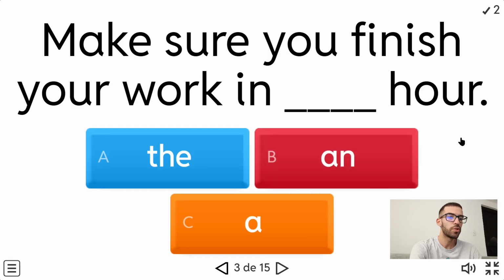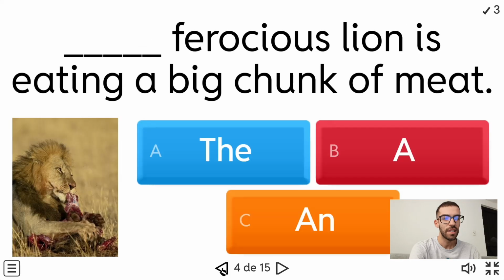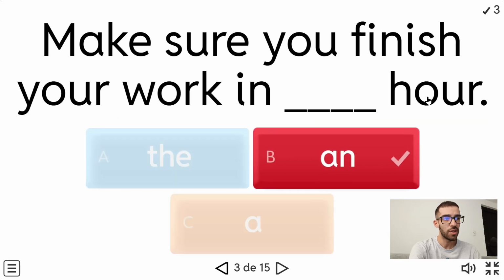So in this case we're going to use an hour or a hour. Pause the video so that you can select the right answer. You're going to select an hour. Why an hour? Because here the H is silent. So the following letter, in this case, is a vowel. So we select this one.